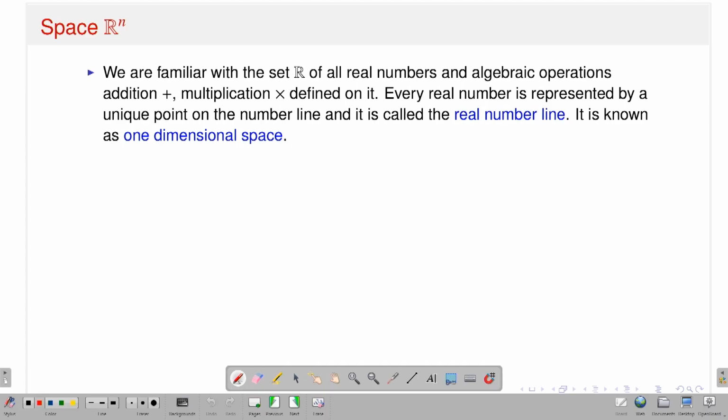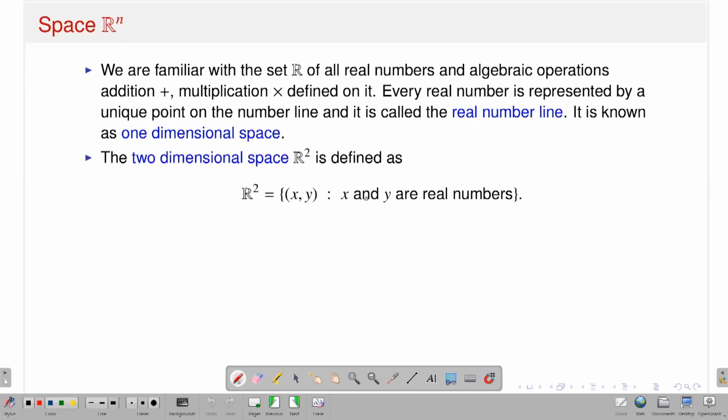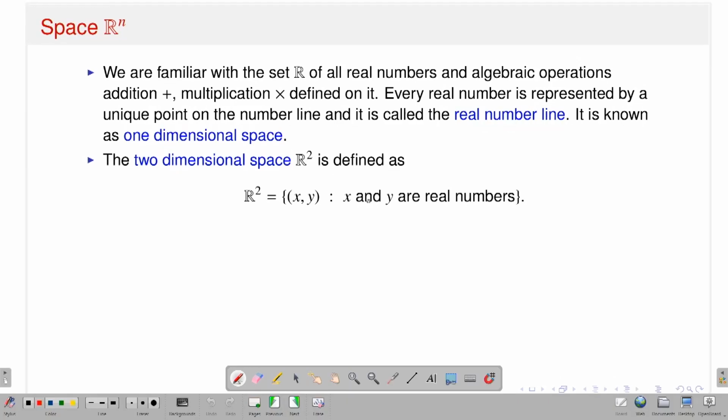Now, we move to the two-dimensional space. The two-dimensional space R2 is defined as a collection of pairs of real numbers x comma y, where x and y are real numbers. Thus, R2 consists of all ordered pairs of real numbers. The ordered pair x comma y means that the first coordinate is x and the second coordinate is y.